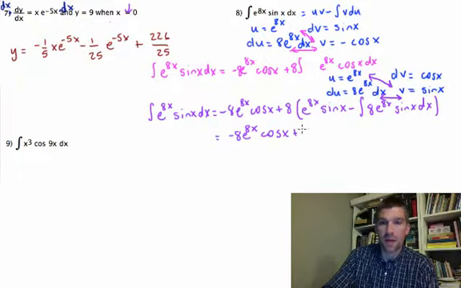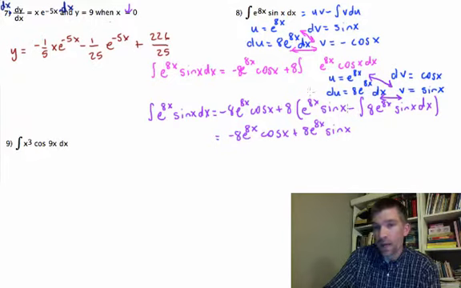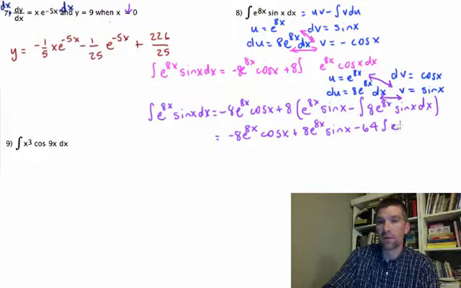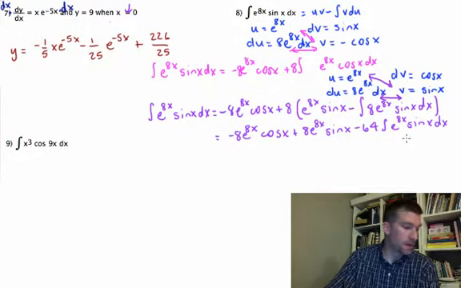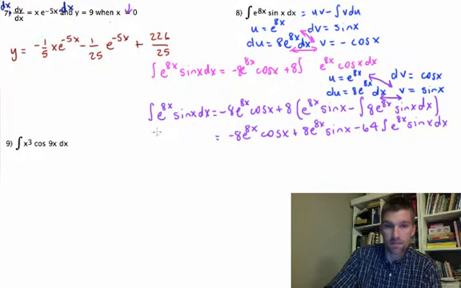Plus, and distribute your 8, so that's going to be 8e^8x sine x. And I'll move the 8 in front and multiply by 8, so minus 64 times the integral of e^8x sine x dx. And that equals this guy.